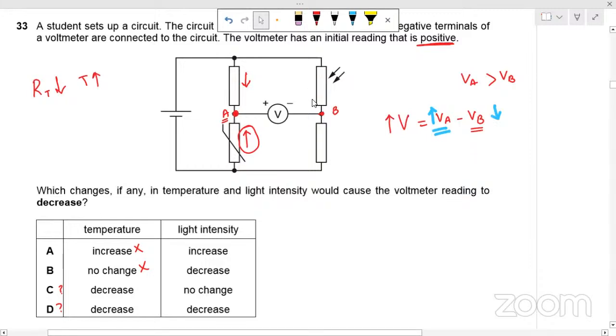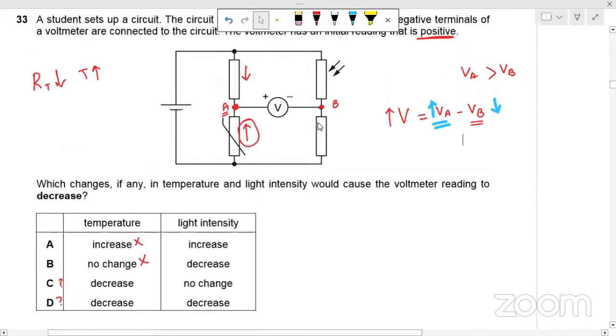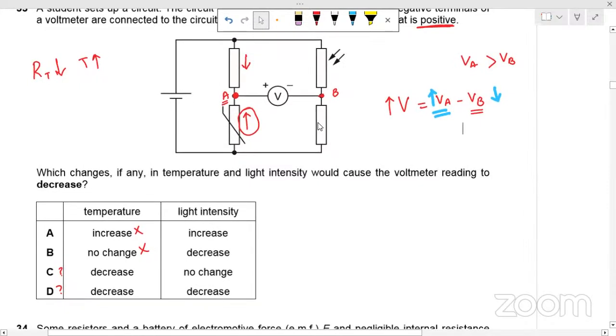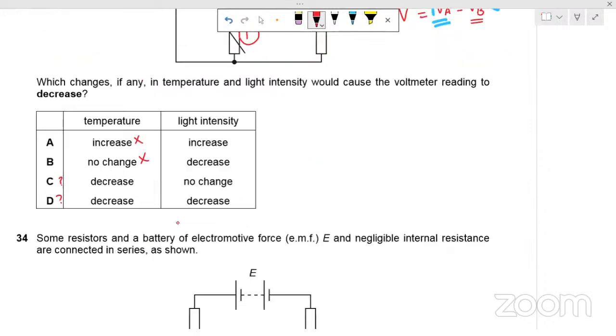As a result, the voltage across this resistor will increase. So the light intensity should decrease. That's why D is the right option.